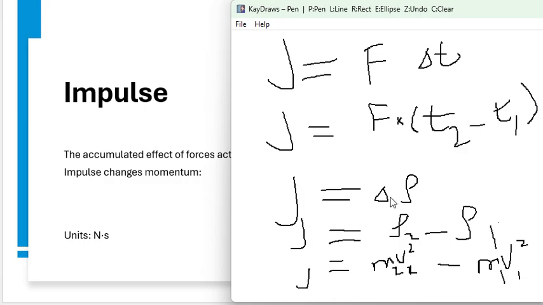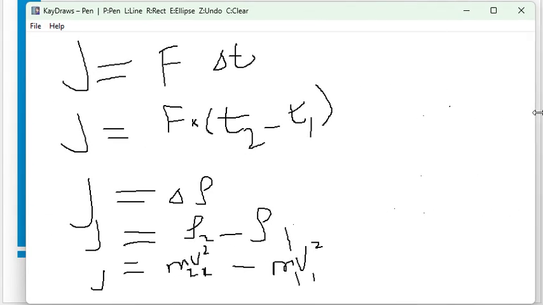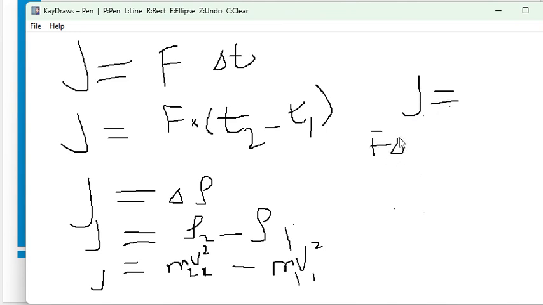Impulse is a change in momentum. Impulse is the force times delta t. So let me move it to this side and expand it. Your force times delta t is equal to the change in momentum.